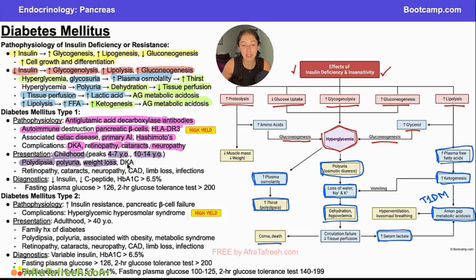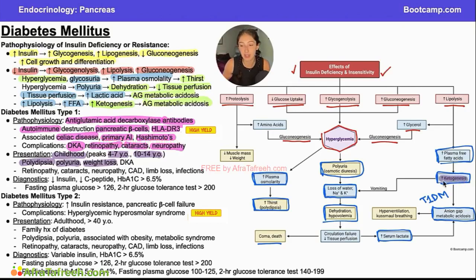And then I included DKA here under your presentation because it's not actually that uncommon for the first presentation of diabetes type 1 to be a kid that is now in the hospital with DKA, because as we'll talk about later, diabetes type 1 patients are incredibly reliant on insulin. The problem is their body is not making insulin because these antibodies to anti-glutamic acid decarboxylase have destroyed their pancreatic beta cells, and because they're not producing endogenous insulin, they have nothing to mediate the glucose in their body.